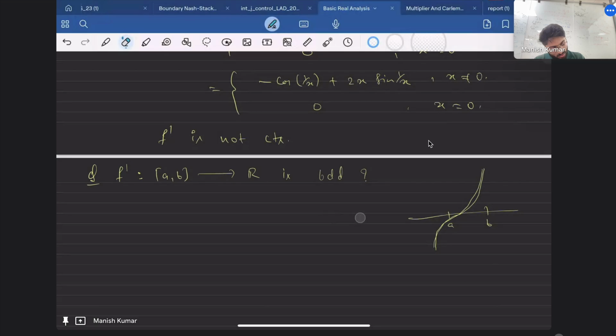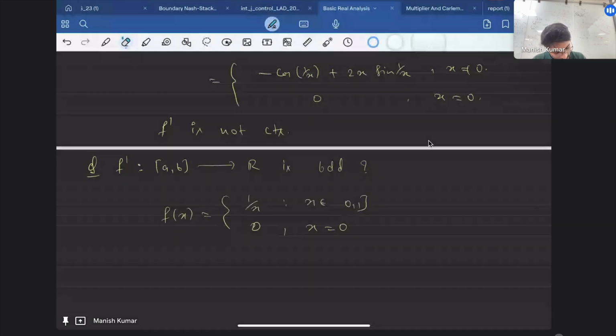Going to 0, 1. Yeah, that is the only option. So we have this kind of function. The point is that I want my derivative to be of this type.